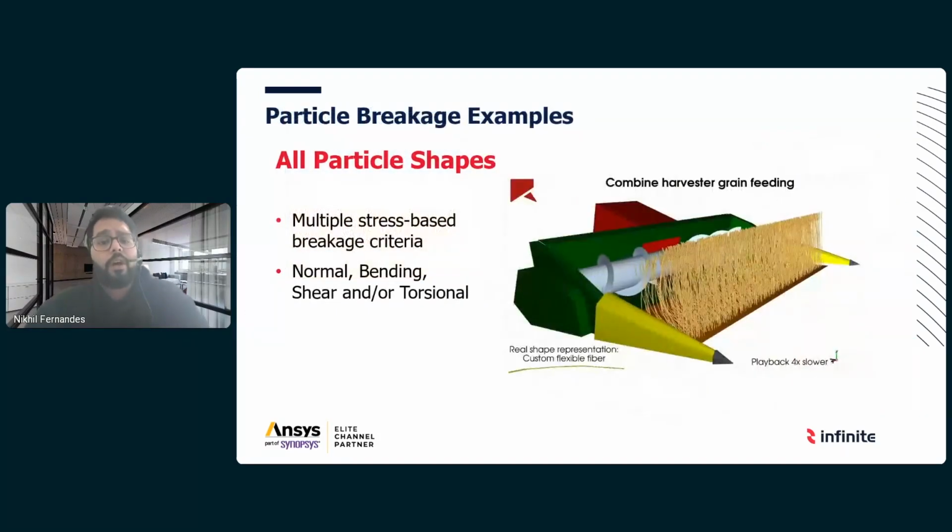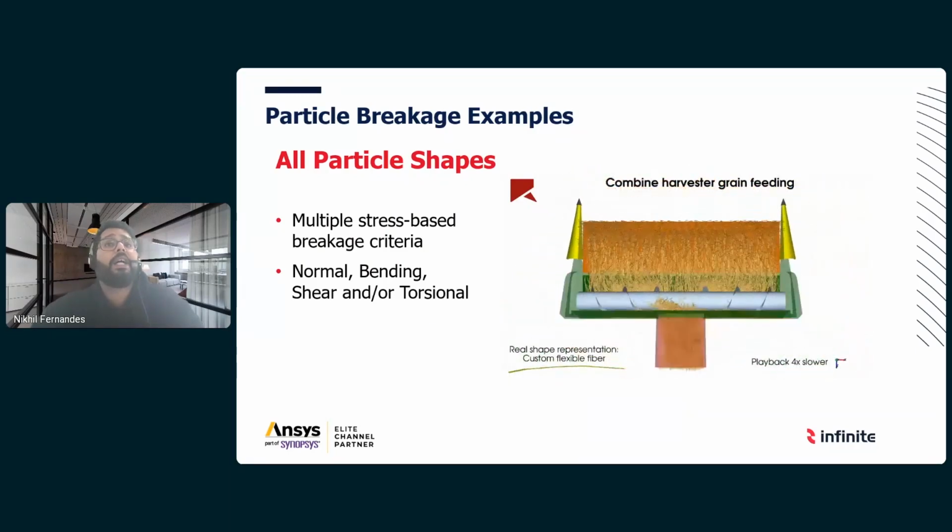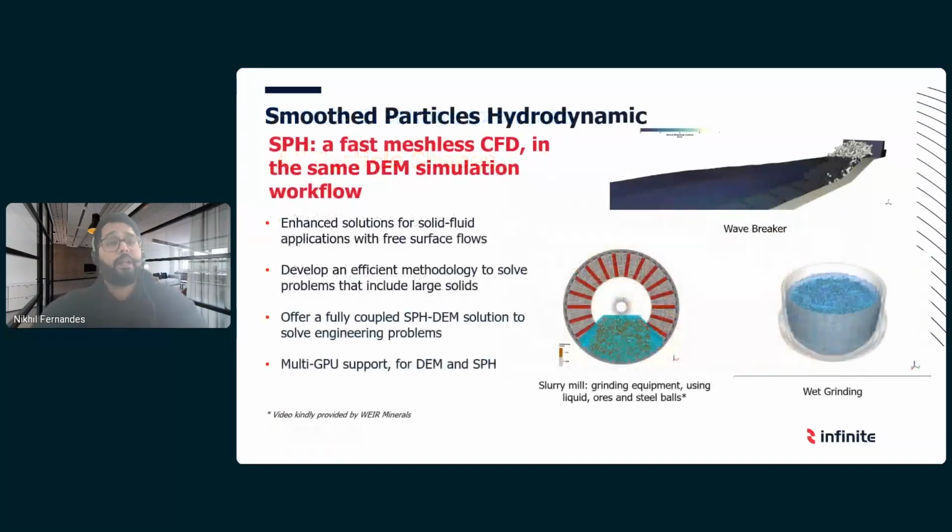And then we also have the breakage models. The breakage can be based on multiple stress-based breakage criteria. It can be due to normal, bending, shear, and torsional effects as well. So that can be incorporated for the breakage.